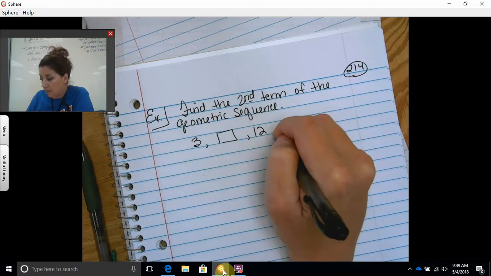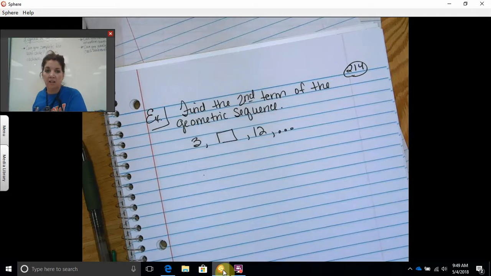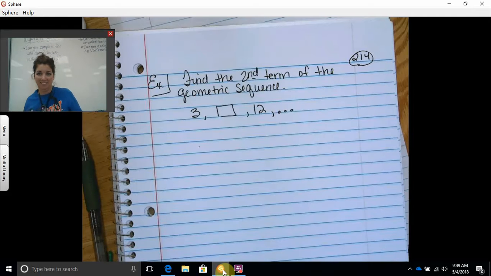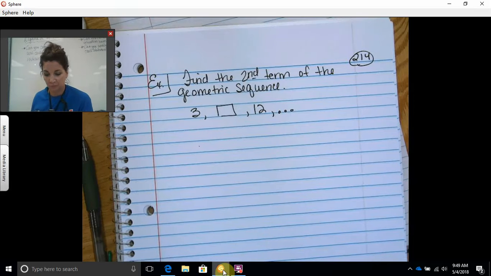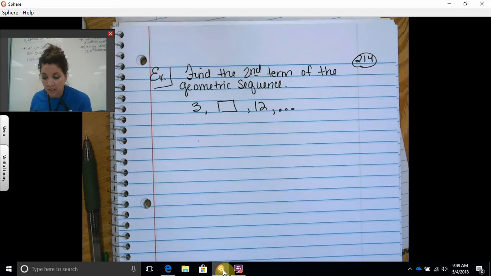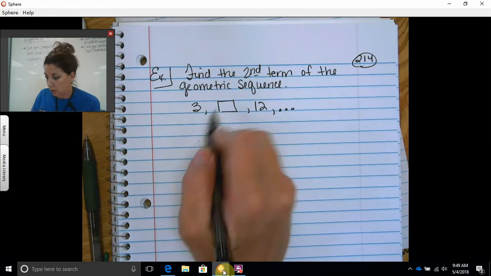So like on your homework, even if you can just look at it and figure it out, I still want to see your math. So we don't know what the common ratio is. We're going to have to use what we do know to solve for the common ratio. So we'll just write out our formula.